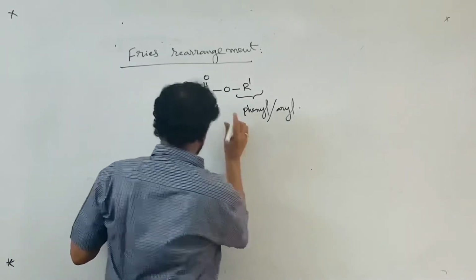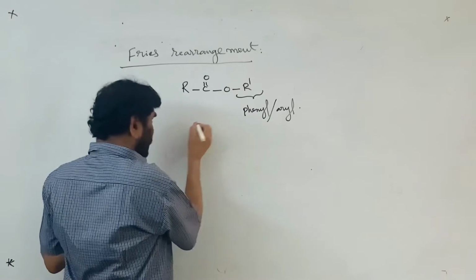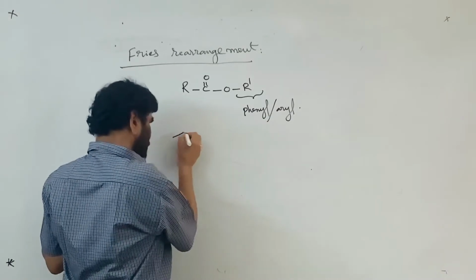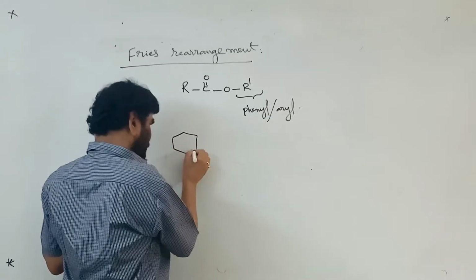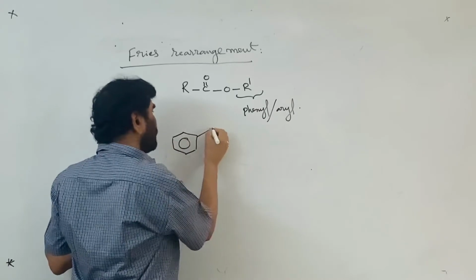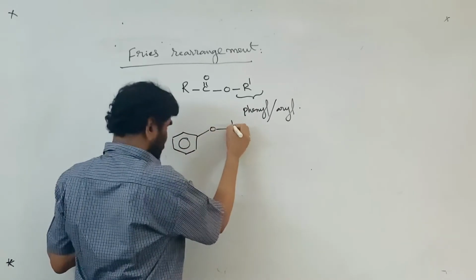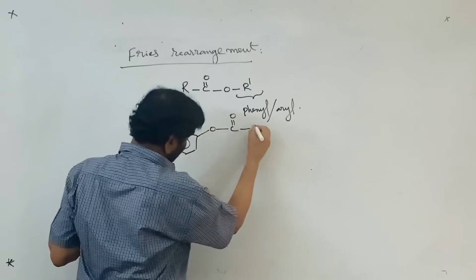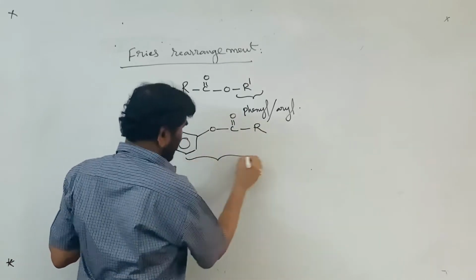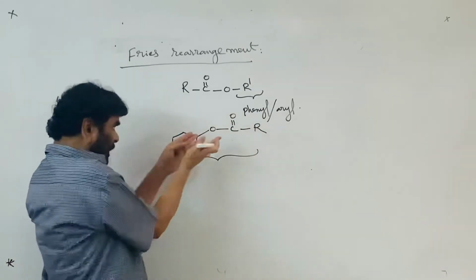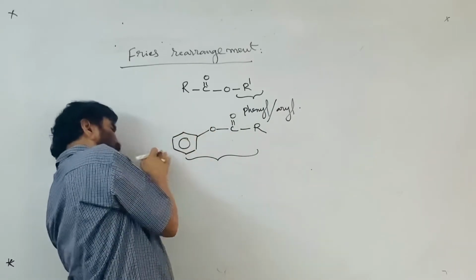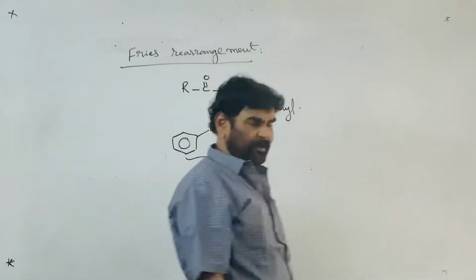Now, giving priority to the C double bond O of the acid part, I am writing the acid part. This is an ester in which the alcohol part is the phenyl group, an aromatic part.